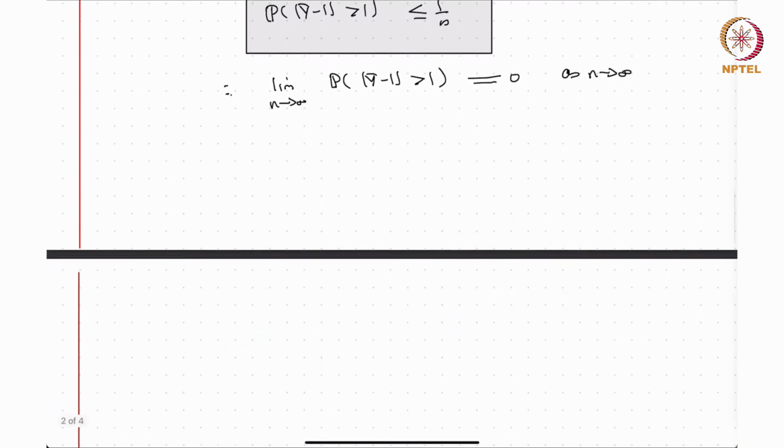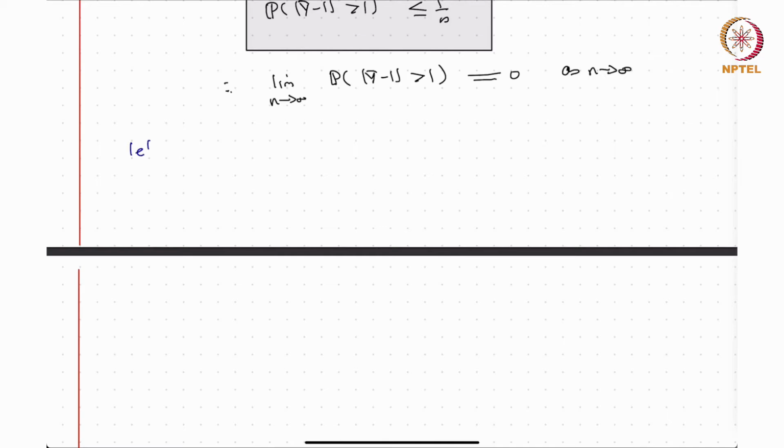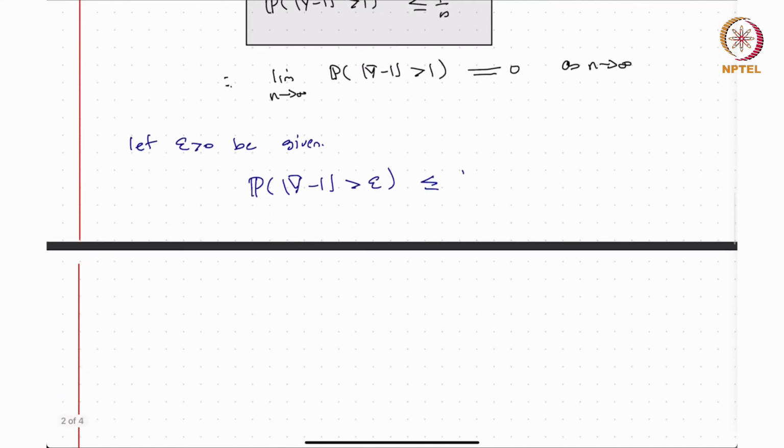So let epsilon be positive and given. Then the chance that y bar minus 1 is at least epsilon is, by the same argument as above, less than or equal to the variance of y bar divided by epsilon squared, which is 1 over n times epsilon squared.